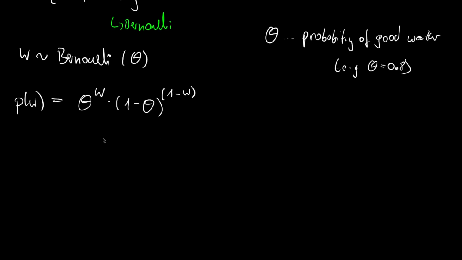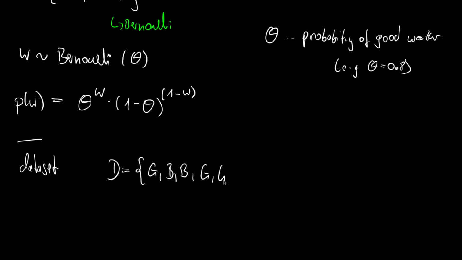How does a dataset look like? Assume we are observing the weather for multiple days and we are getting some sort of a dataset. Let's call this D, use the curly braces, and for instance, we observe good weather, bad weather, bad weather, good weather, good weather, good weather, and so on. This would also be encoded similarly as 1, 0, 0, 1, 1, 1, and so on.